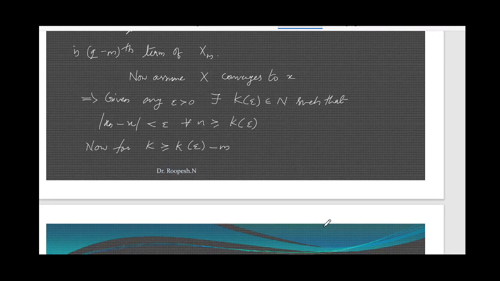The terms of x_m will satisfy mod x_n minus x less than epsilon for every n greater than or equal to that.